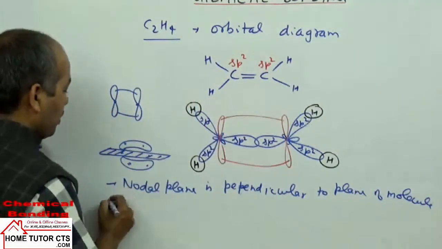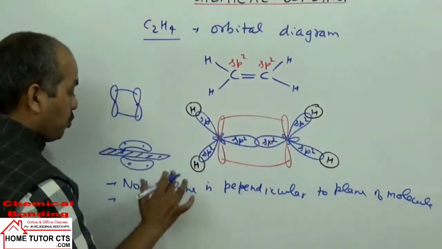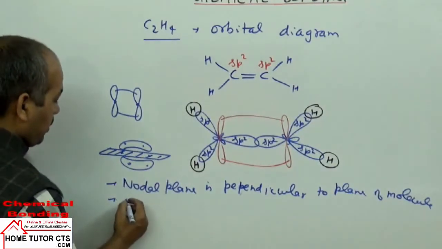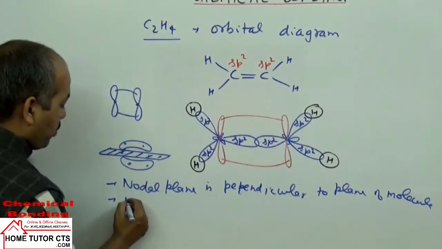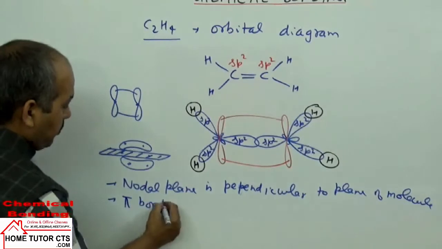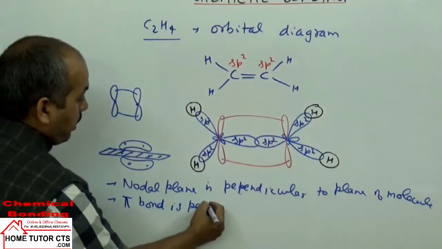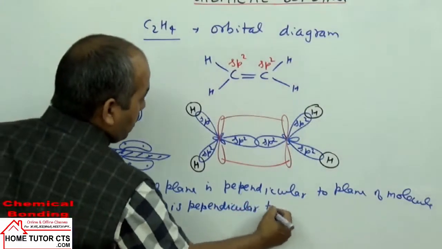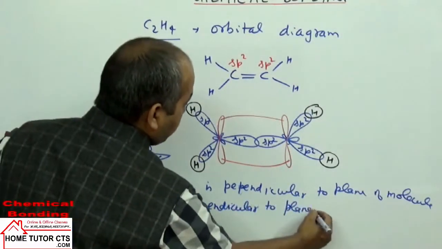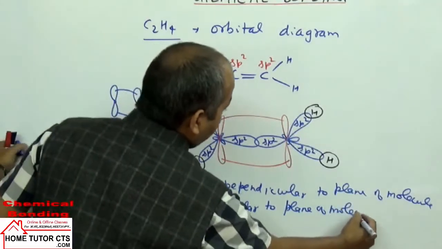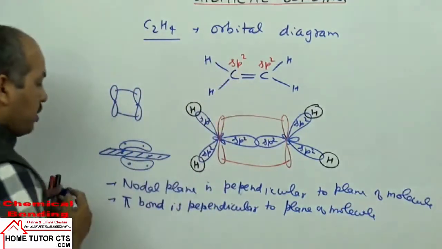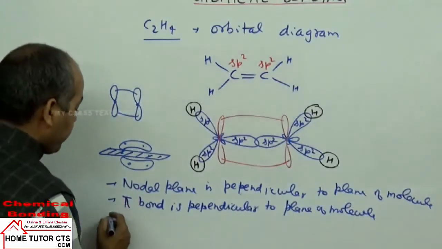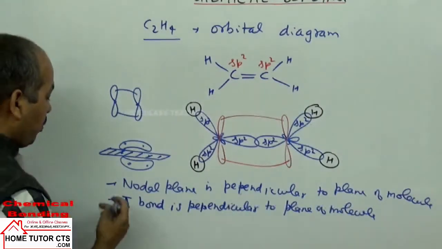and then to the plane of the molecule, the pi bond is perpendicular. So what happened? The nodal plane of the pi bond will come in the same plane as that of the molecule.